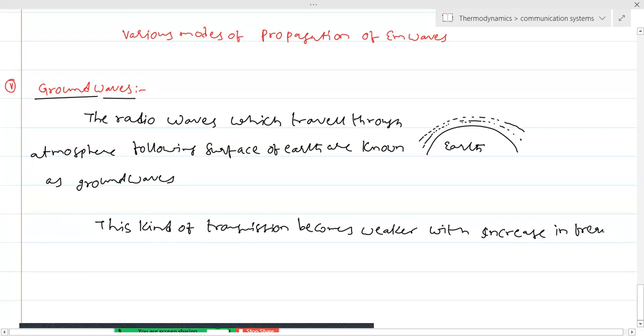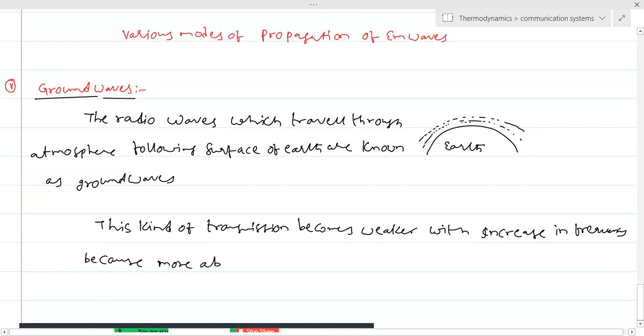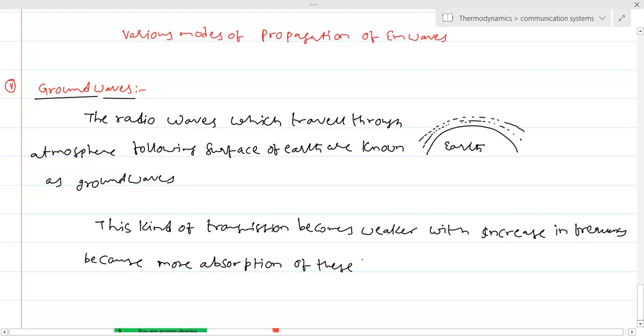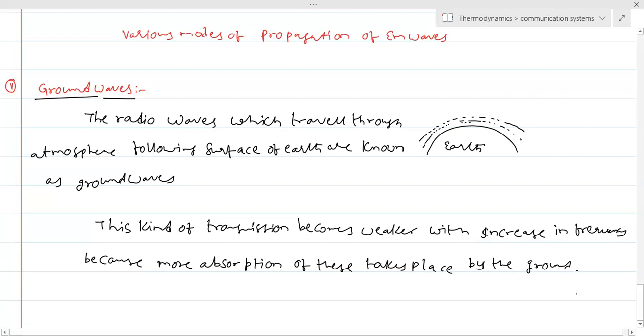That means if we are sending a high frequency wave, those high frequency waves used to be absorbed by the ground, because more absorption of these takes place by the ground, by the earth. So therefore, it is not suitable for high frequency communications.